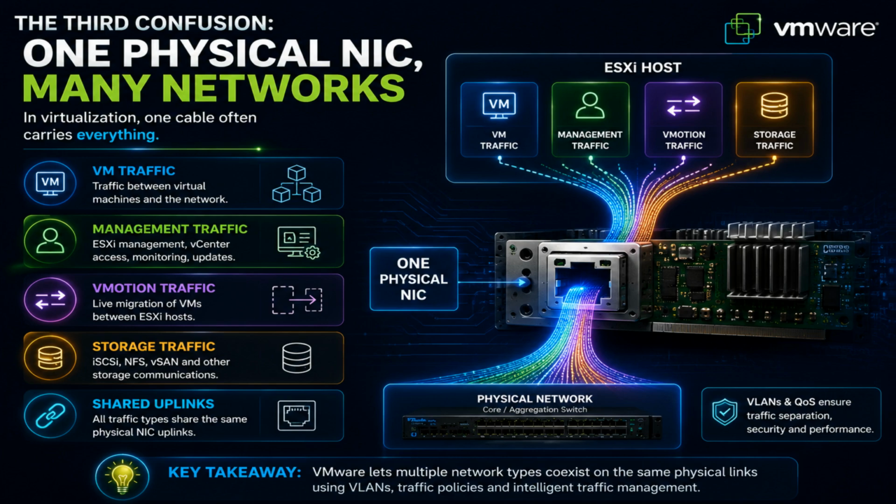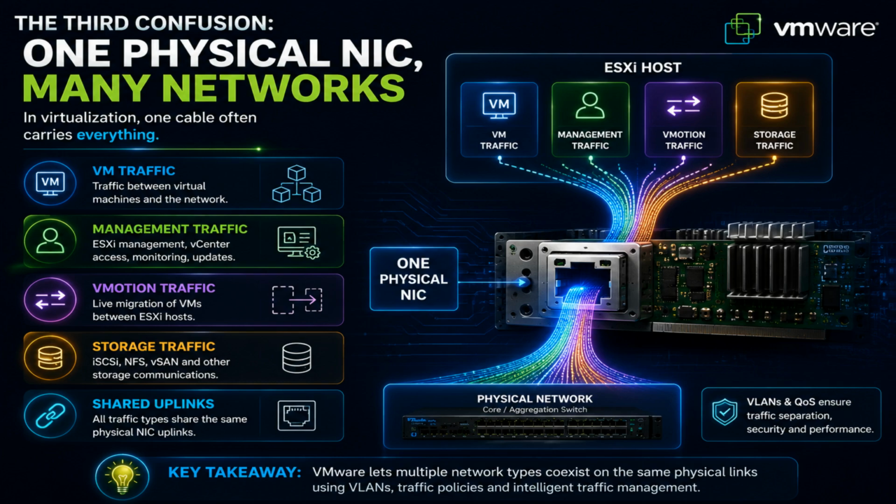The same physical uplinks can simultaneously carry VM traffic, management traffic, vMotion traffic, and storage traffic. Through VLAN tagging and policy-based separation, multiple logical networks share the same physical infrastructure. To a traditional network engineer, this can feel risky at first. But this convergence is one of the reasons virtualization is so efficient.